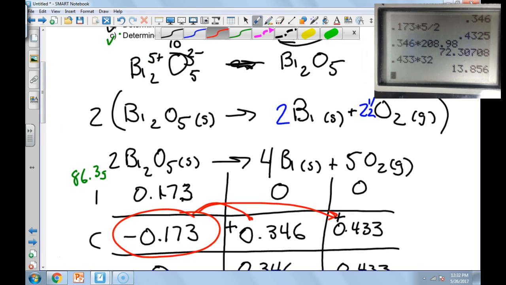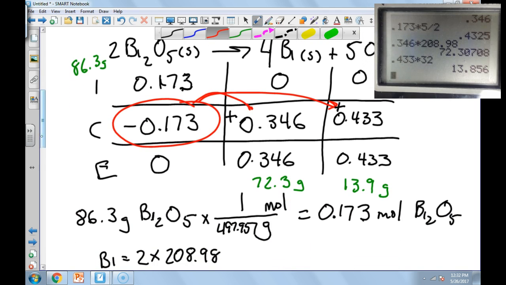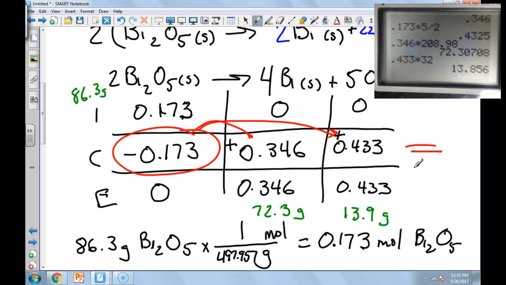Now I'm going to double check this. In order to double check this, I'm going to use the law of conservation of matter. The law of conservation of matter says matter cannot be created nor destroyed in a chemical process. So we're starting with 86.3 grams. If we add up however many grams at the beginning, we have 86.3.